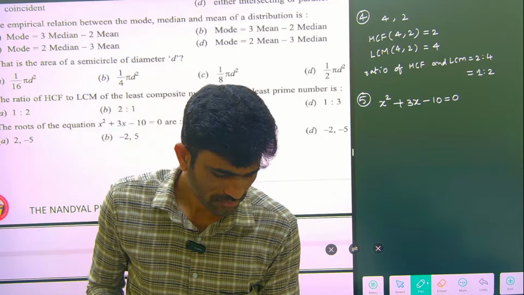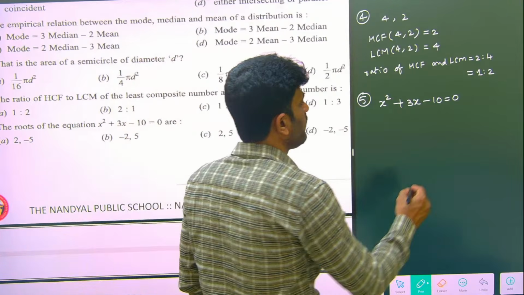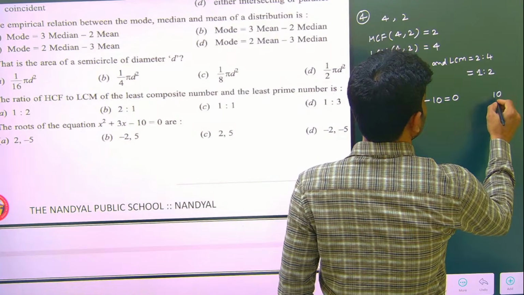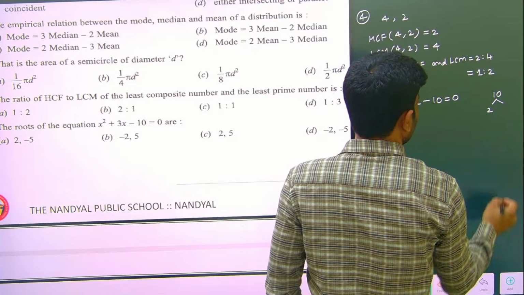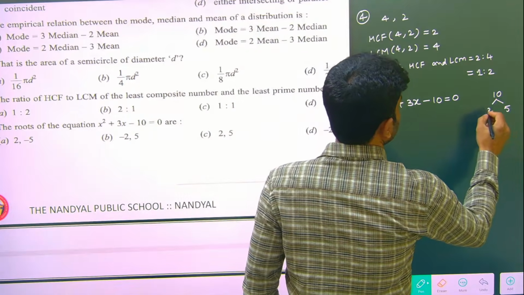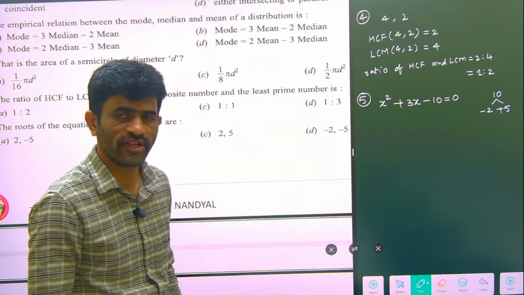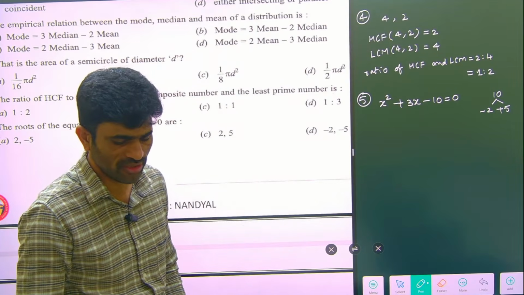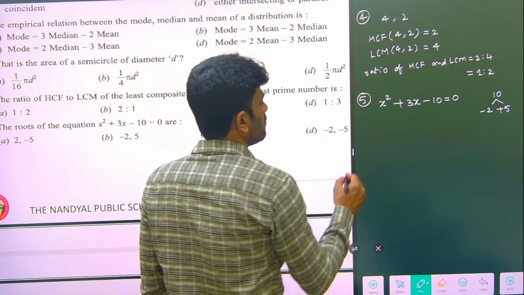Take the factors of 10, 2 and 5. We want plus 3, so minus 2 plus 5 we take. When factors are minus 2 and plus 5, roots are plus 2 and minus 5.